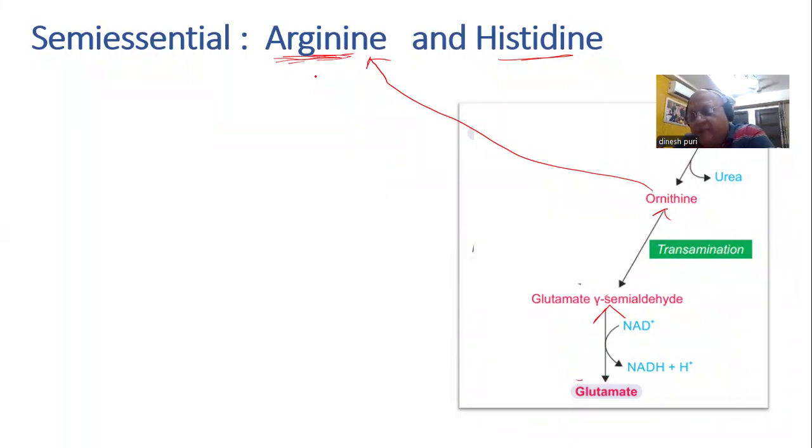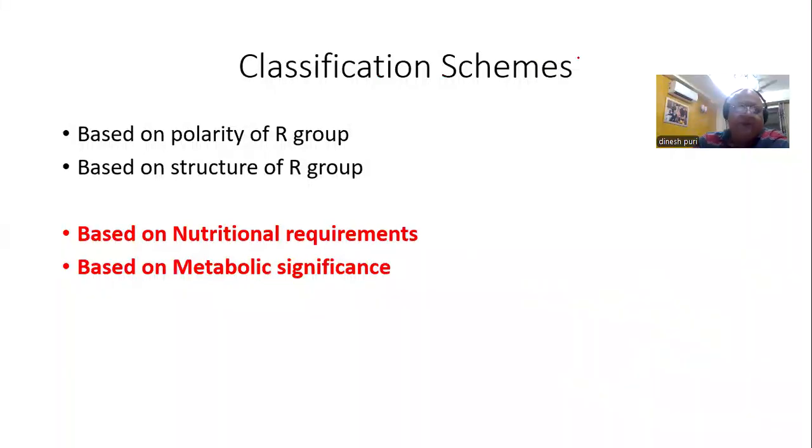So in puberty and pregnancy, dietary intake becomes essential. So these amino acids are called semi-essential. I have told you about arginine. Find out about histidine, why it is called so.